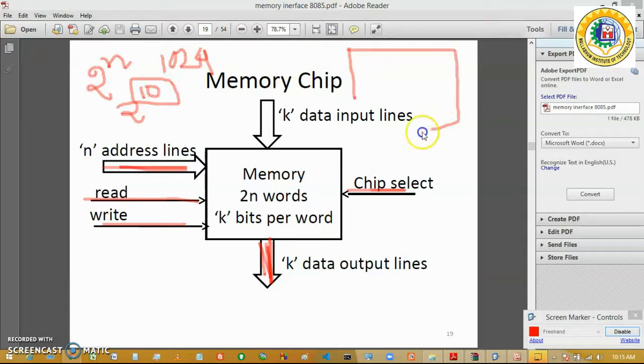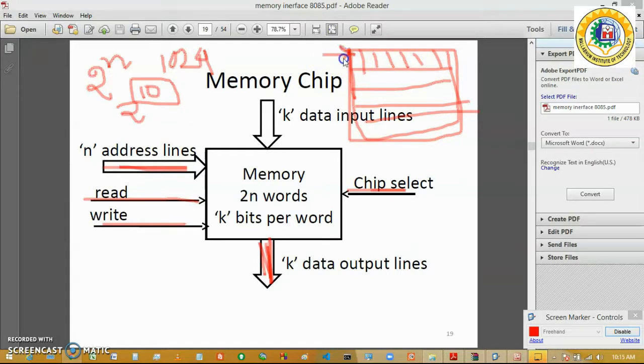Memory is like a book that we read. This is the first page of the book, second page, third and fourth, like that, and each page consists of 8-bit data. So each location can be identified with a different address.